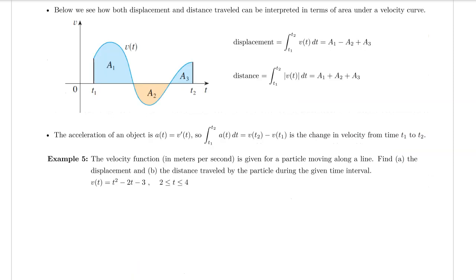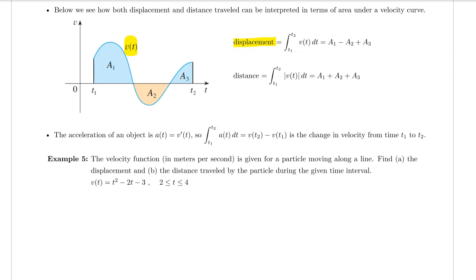Below we see how both displacement and distance traveled can be interpreted in terms of area under a velocity curve. So we have some velocity curve here, and our horizontal axis is time, and our vertical axis is measuring the velocity. So the displacement is equal to the definite integral from time 1 to time 2 of v of t dt, which is the same thing as area 1 minus area 2 plus area 3.